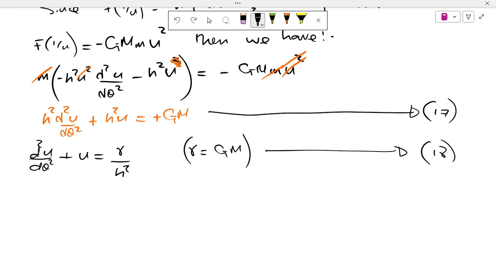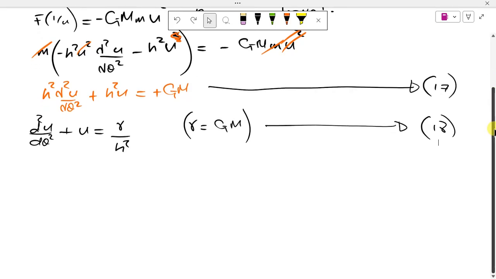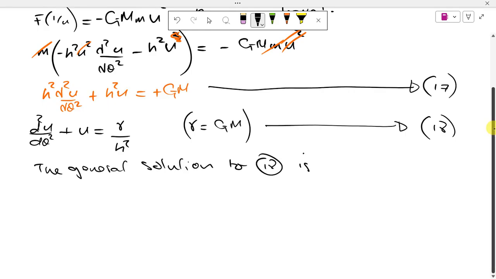So therefore, the planet is going round the sun in a periodic sort of circular elliptic motion, and the solution to this equation is, I'll put the general solution to 18, u equals A cos theta plus B sine theta plus gamma over h squared.